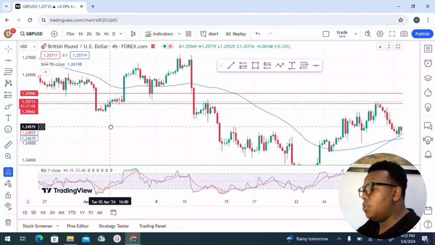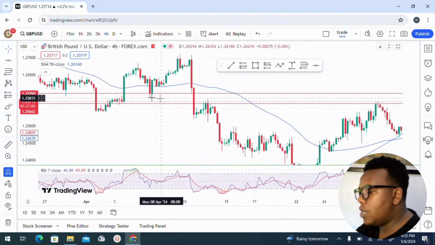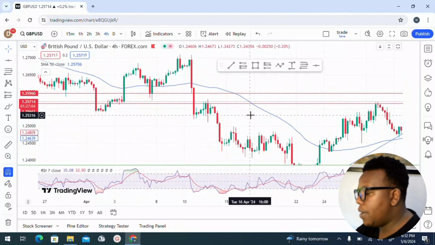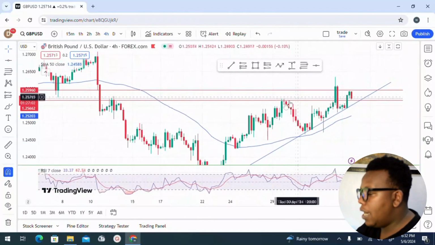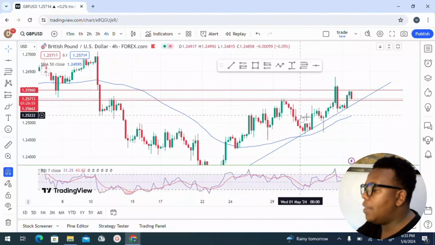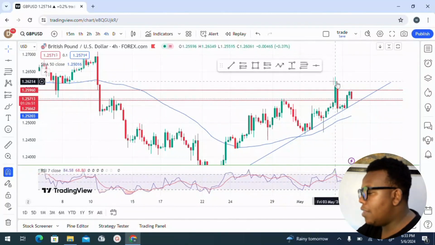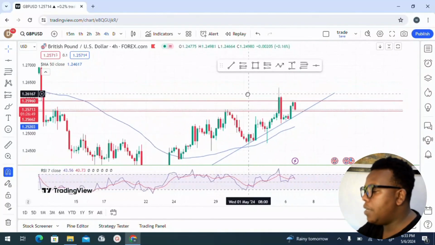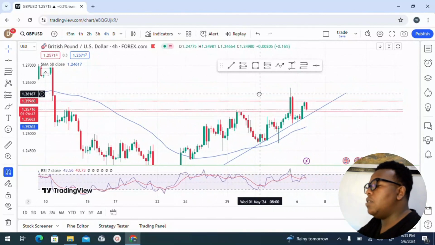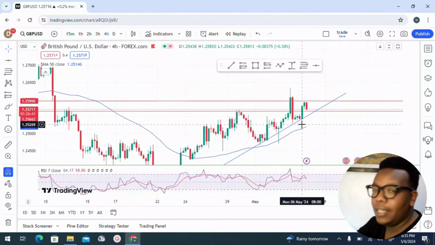It touched it here, here, and also here, and the market unfolded downward. The market also tried to go through this zone another time, and then it really unfolded downwards. This is what we call a liquidity grab, meaning they grabbed the stop losses which were placed above the zone, and then the market started unfolding downwards.